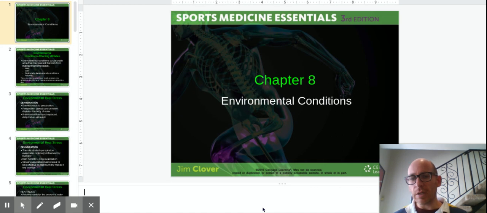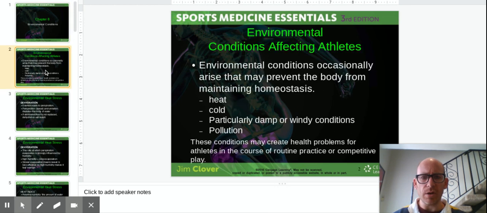All right, so we're starting a new unit, which is environmental conditions, how that affects the body, how that affects participation in sports, and then how do we treat it. We have talked a lot about homeostasis with vital signs and how the vital signs are an indication of when the body's out of homeostasis and how they can help us identify what underlying disease, condition, or injury has caused that movement outside of homeostasis.